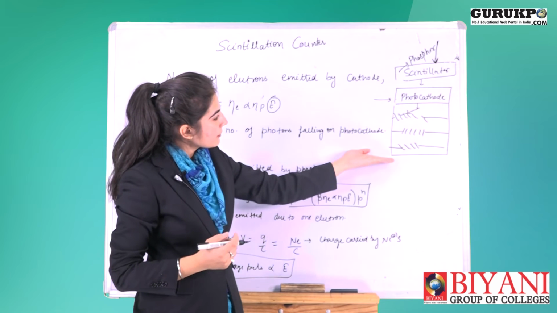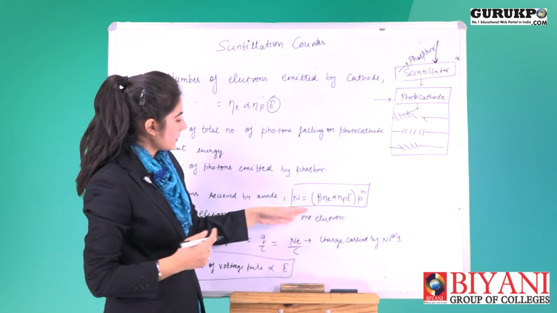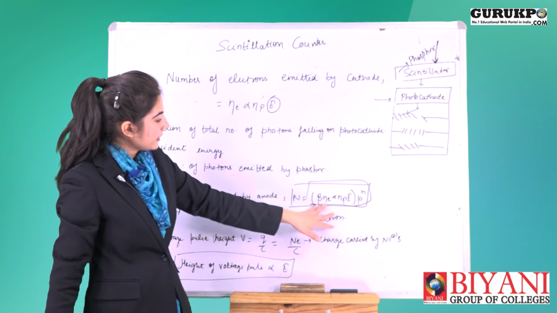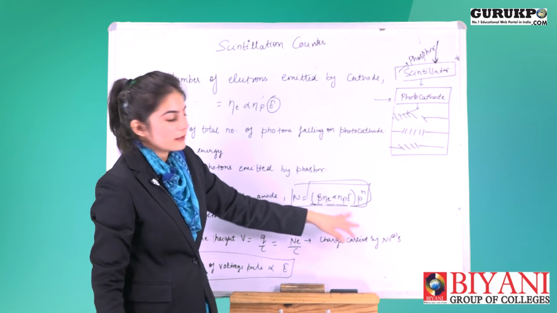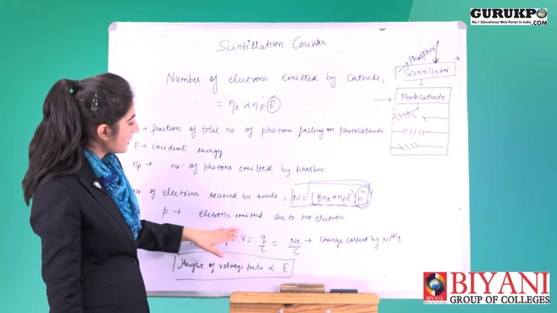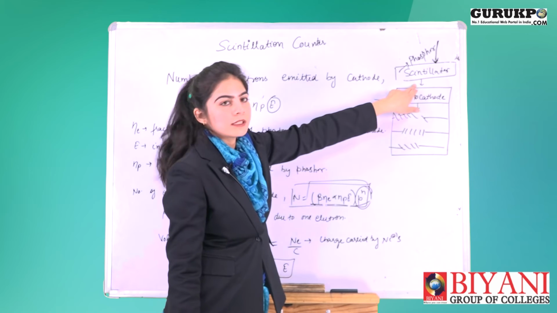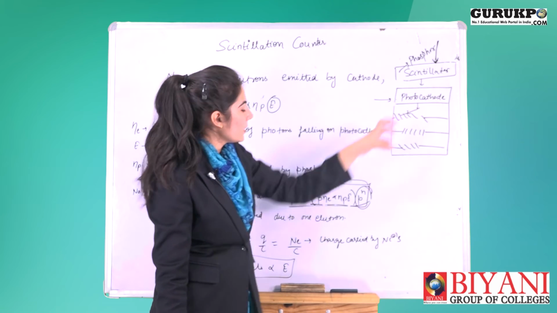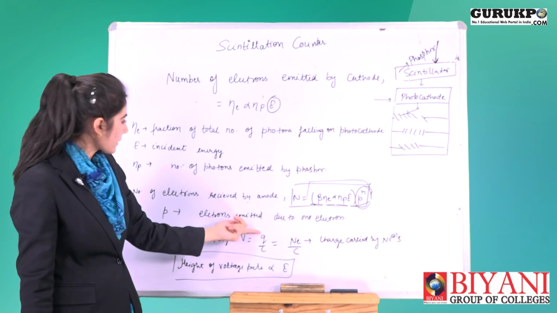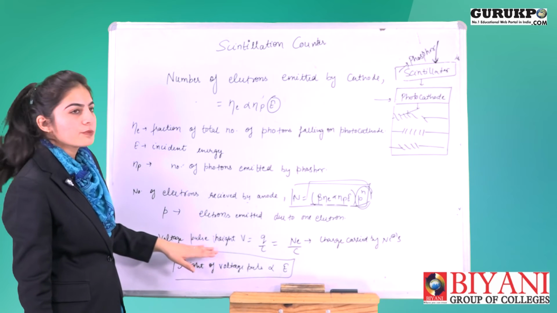What will be the number of electrons received by the anode? That is given as β Ne α Np E P^n, where P is the number of electrons emitted due to one electron. If one electron is incident on this photocathode, how many particles are received by the anode? From this we observe the voltage pulse height.